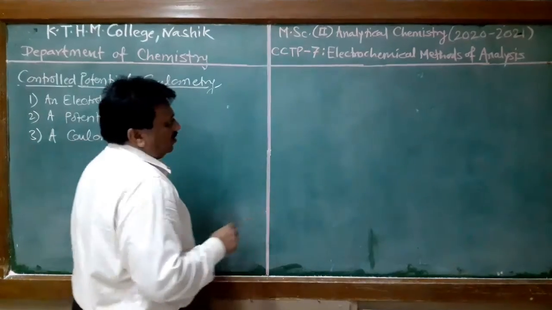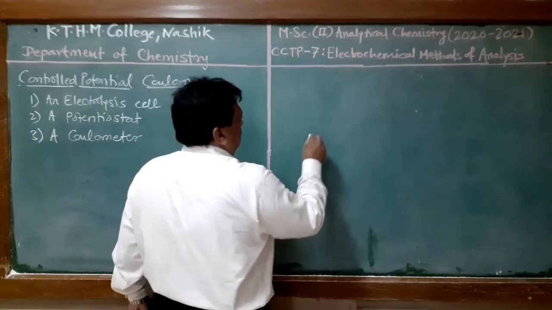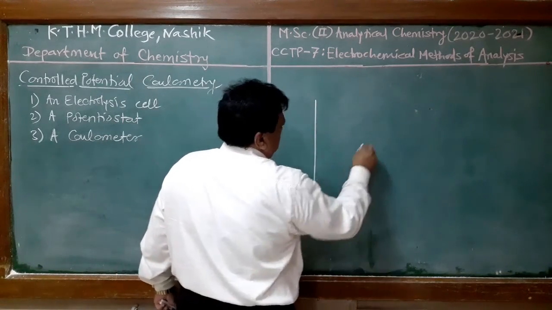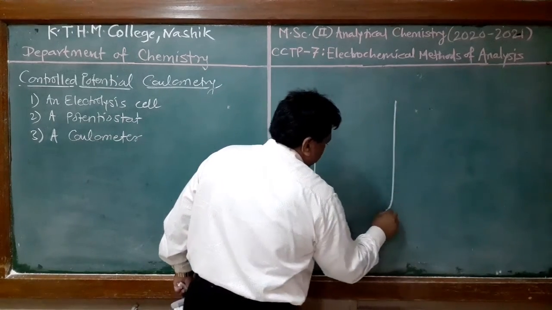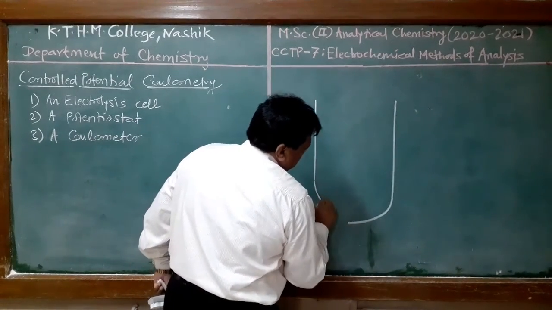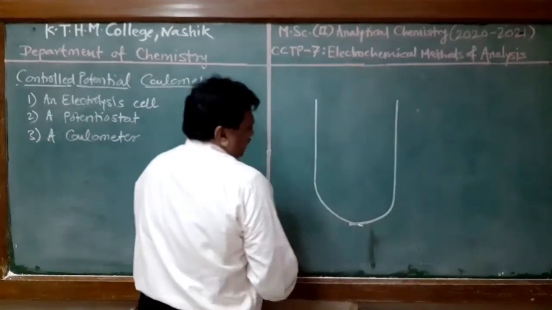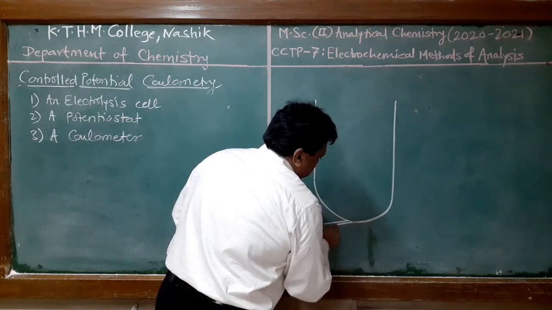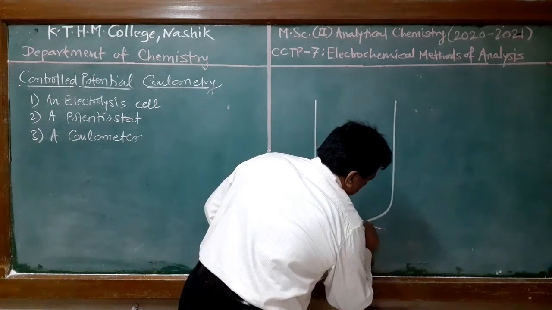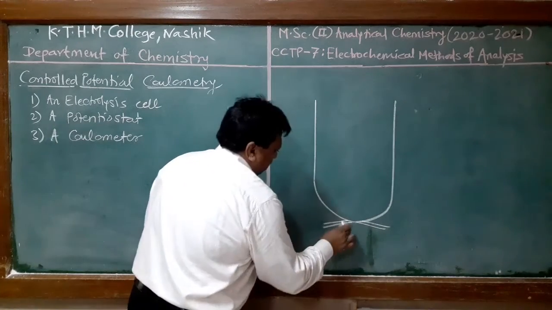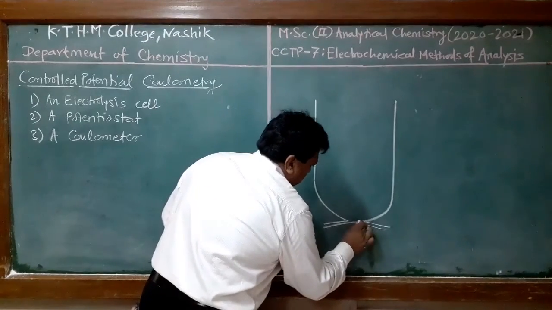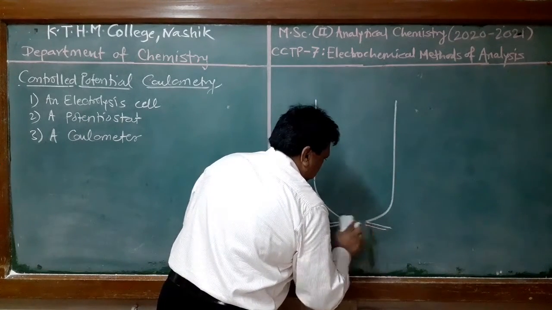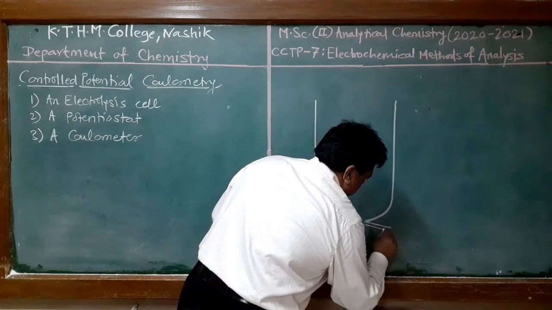Therefore, first of all, we draw the schematic representation of this cell, and after that we can discuss the instrumentation of this technique. Now here in this technique, it consists of an electrolysis cell. The electrolysis cell consists of an inlet as well as outlet for inert gas and the waste material.